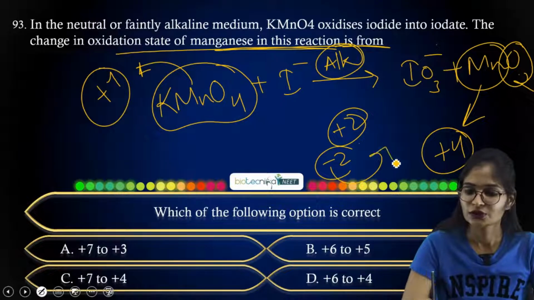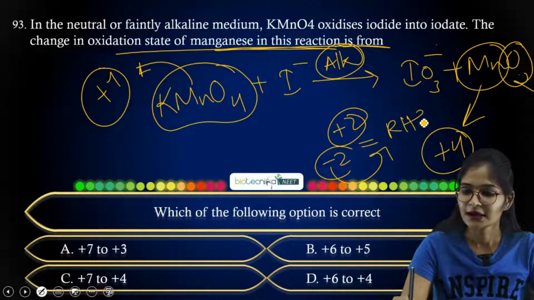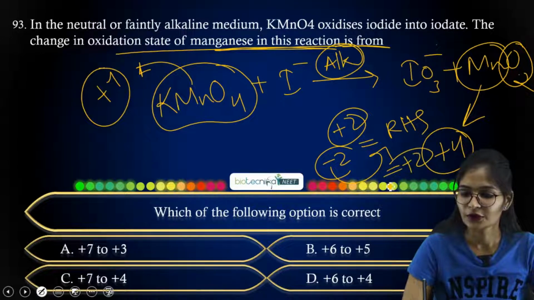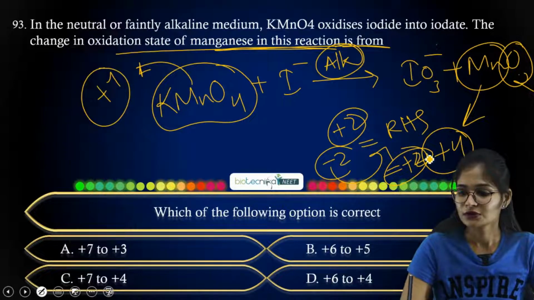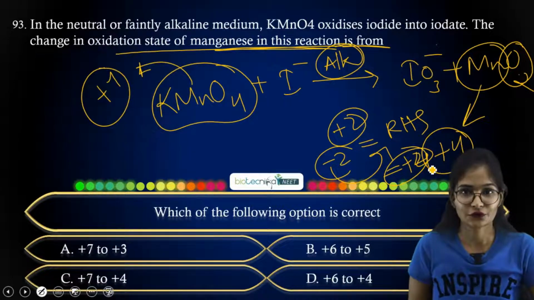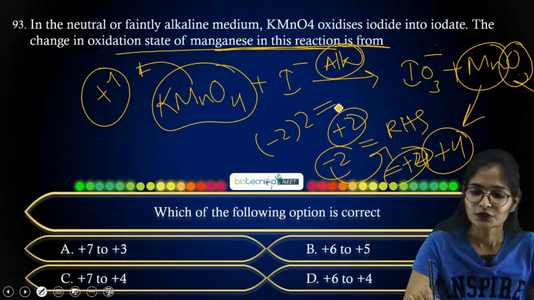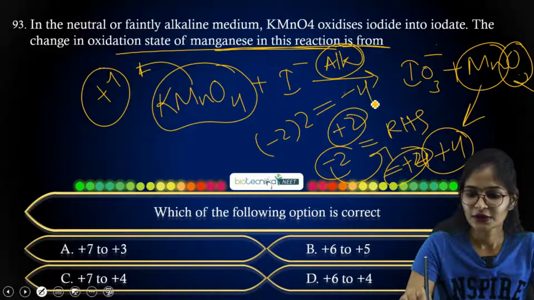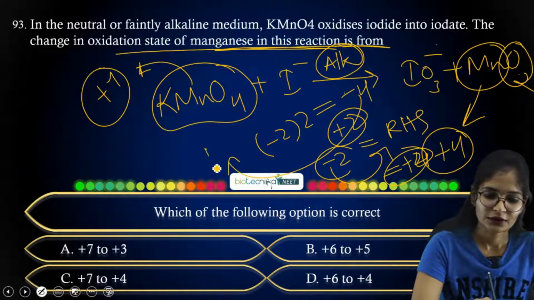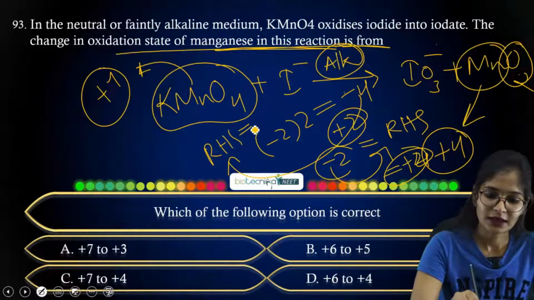If you shift this to the right hand side, it becomes +4. So the manganese has an oxidation state of +4.